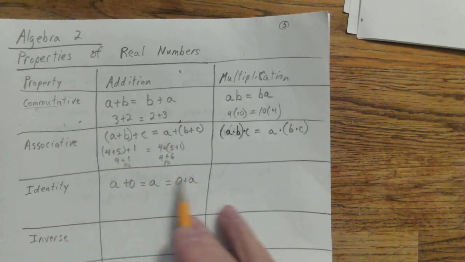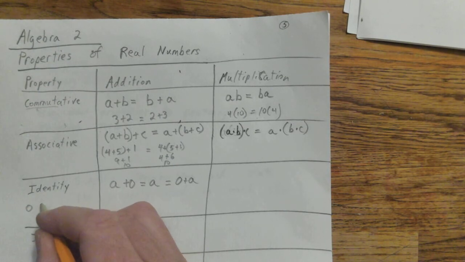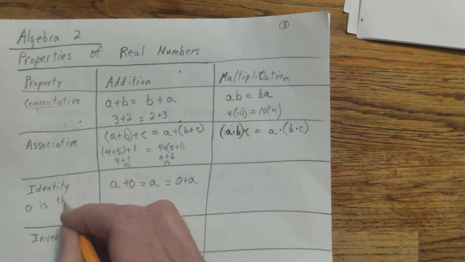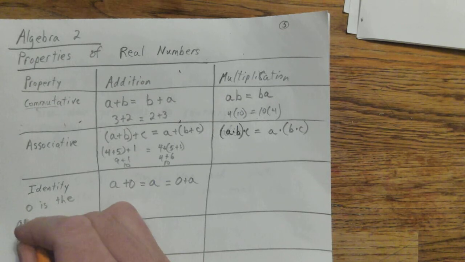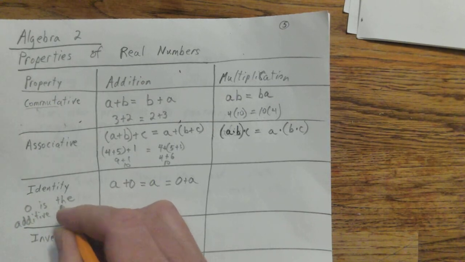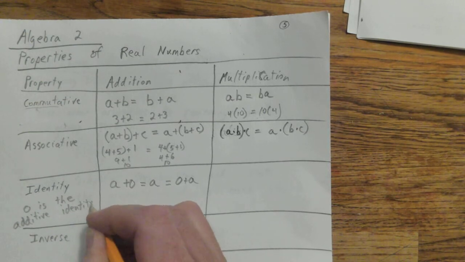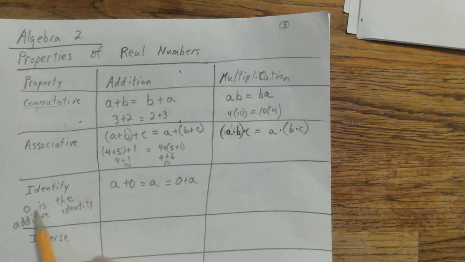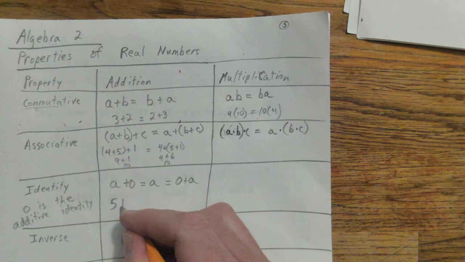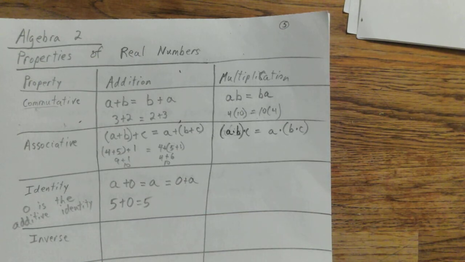The commutative property of just kind of using that. 0 has a special name, additive identity. You add 0 to a number and the number is identical to what it was before. So 5 plus 0 equals 5. This is the property. This is a specific example.